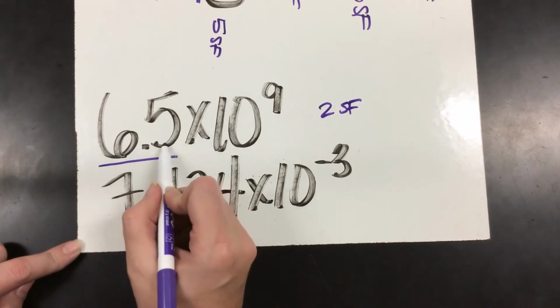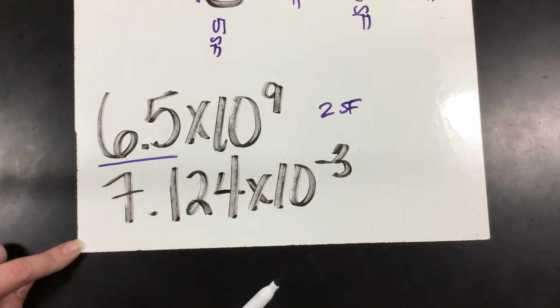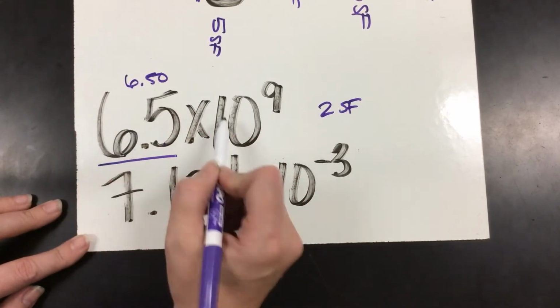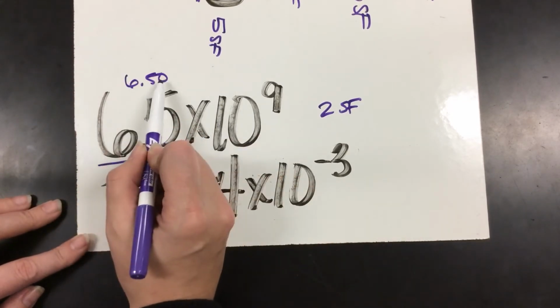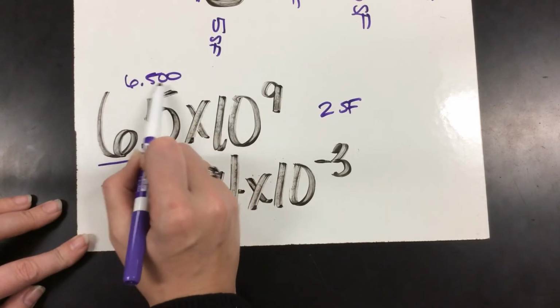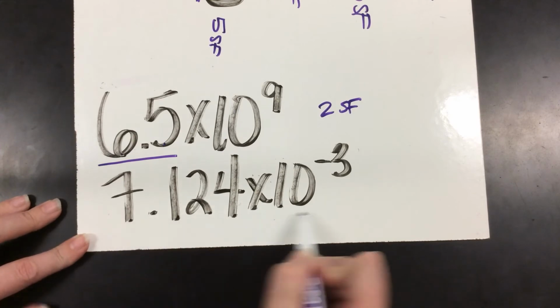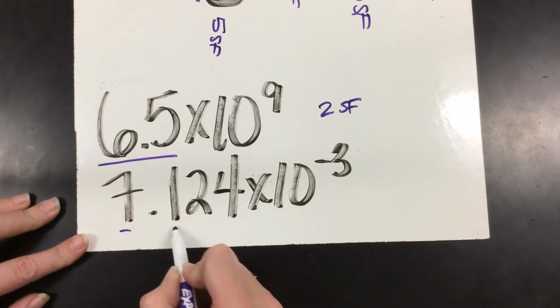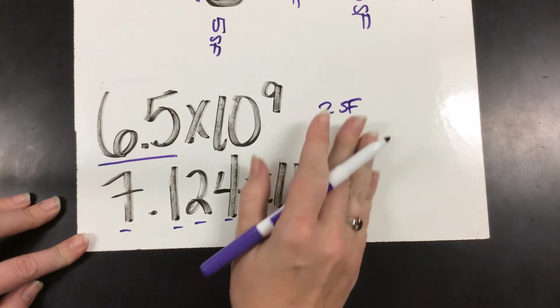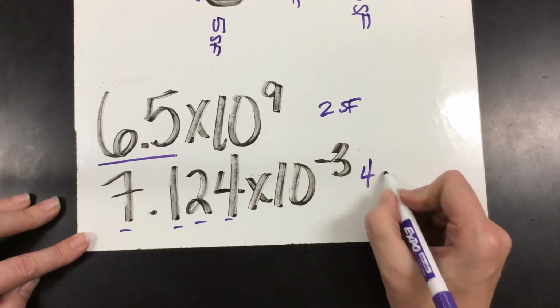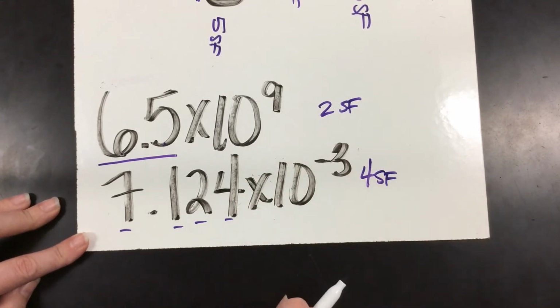I count my 6, I count my 5 to give me my 2 sig figs. If I had like 6.50 times 10 to the 9th, then it would have 3 sig figs, or 6.500, 4 sig figs. Now in this problem, I count my 7, my 1, my 2, my 4. I ignore the times 10 to the negative 3rd. So I've got 4 sig figs in that problem.